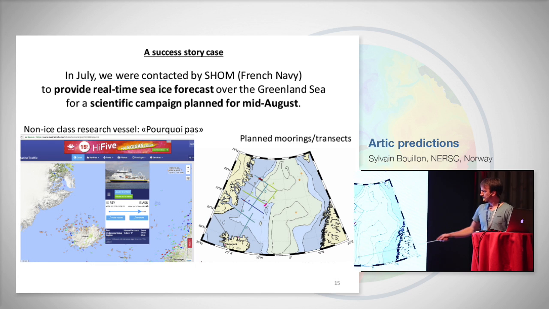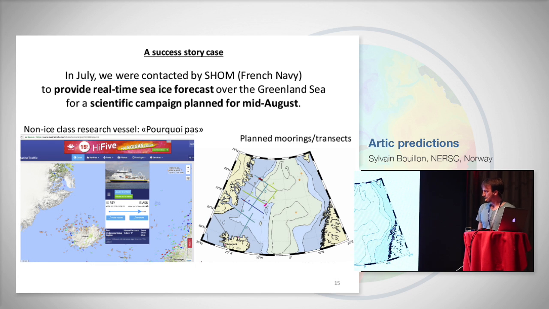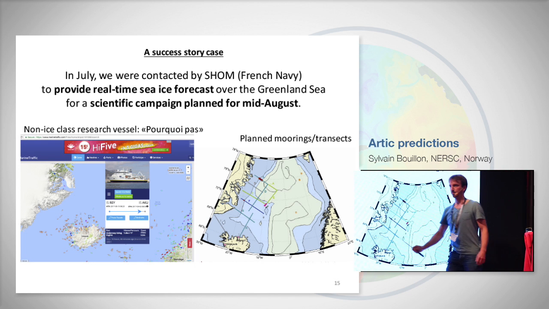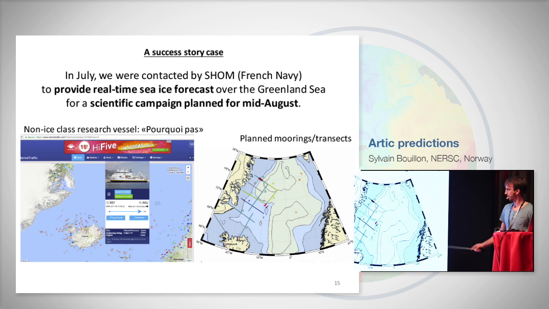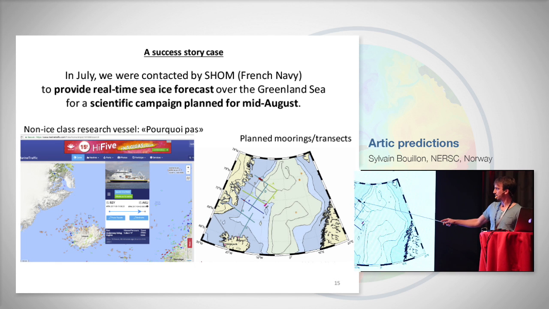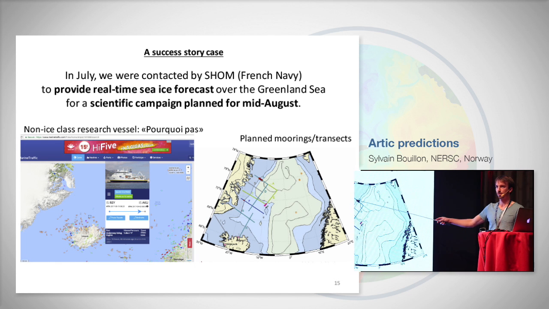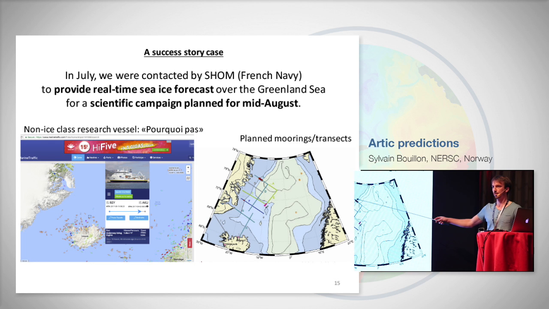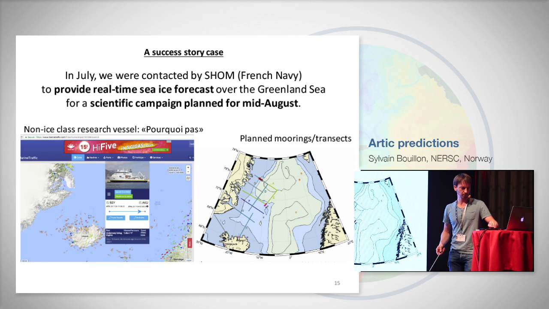And that's more or less the plan they had. They wanted to go as far north as they could and as far west as they could, knowing the constraint about the ice. And the favorite plan was to go at that location at 75 north and 15 west. So that was the favorite location.